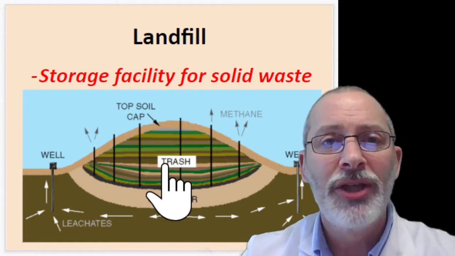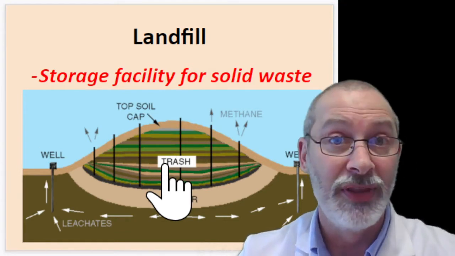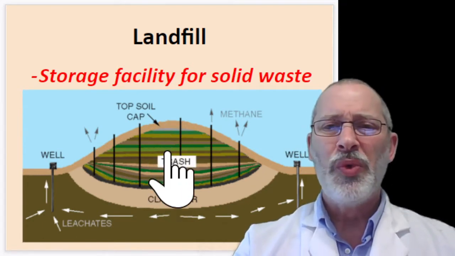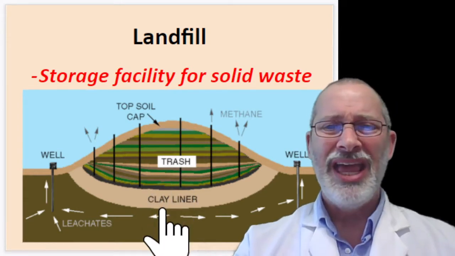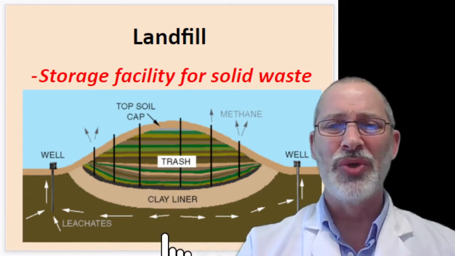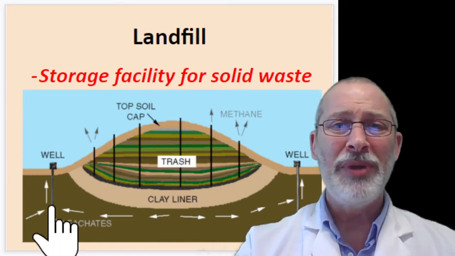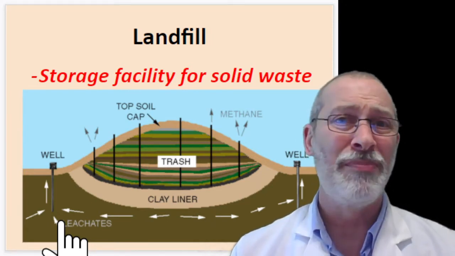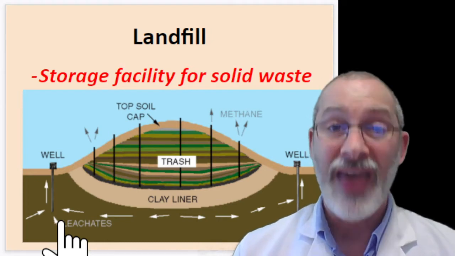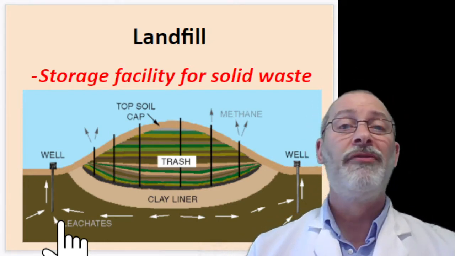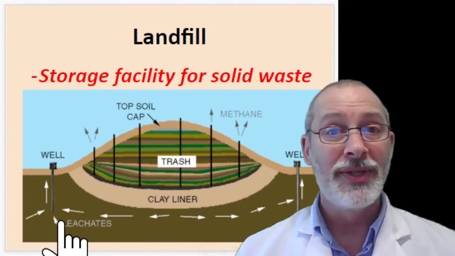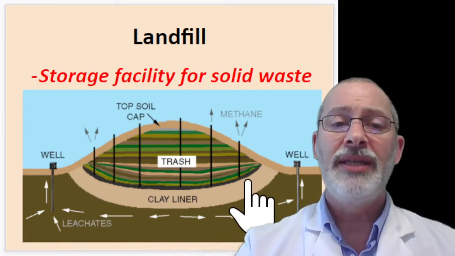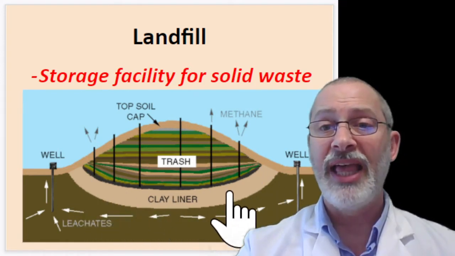If we just put a pile of trash on the ground, especially where we live in this rural area of New Jersey, every time it rained, the water would leach through the garbage and drip those nasty things into the water table, and you would be pumping out the water that you drink and drinking all of those nasty chemicals and pollutants from the landfill. That would be bad. So, in order to avoid as much as possible that scenario from happening, a landfill typically is built initially with a clay liner.